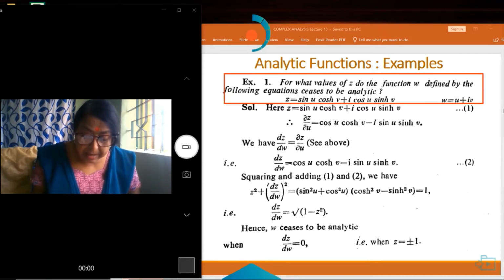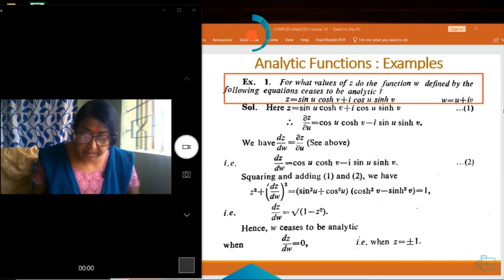Then we have ∂z/∂u, but we need dz/dw, so dz/dw can be found as ∂z/∂u.